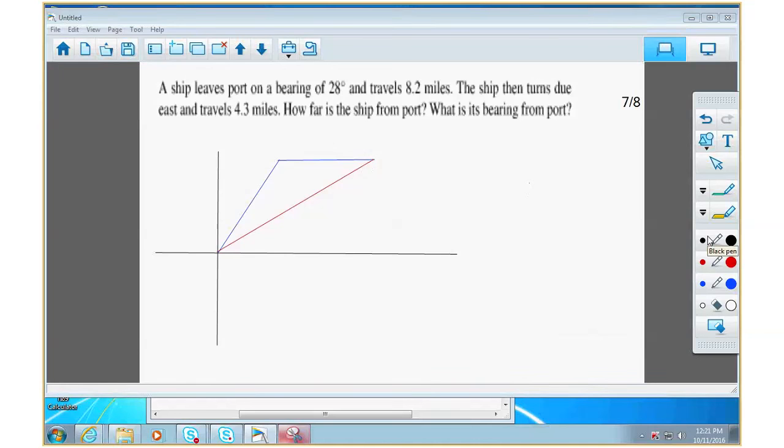Now, one of the things we know is that this is equal to what? 28 degrees. And we also know, let's say the ship leaves port on a bearing and travels 8.2 miles. Okay, the ship then turns due east and travels 4.3 miles.